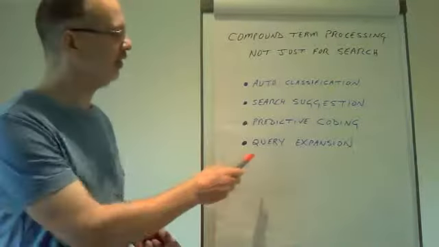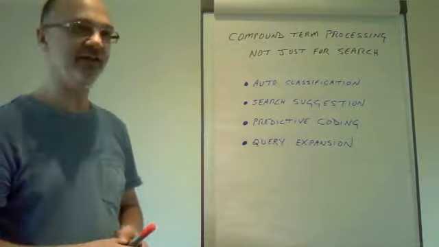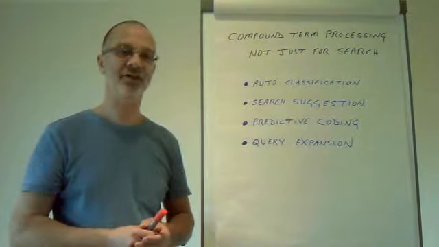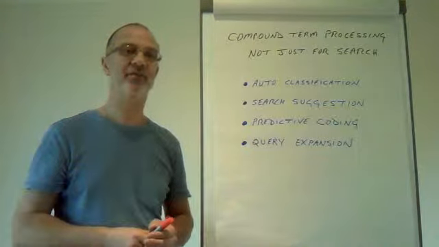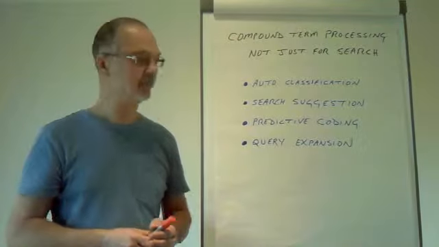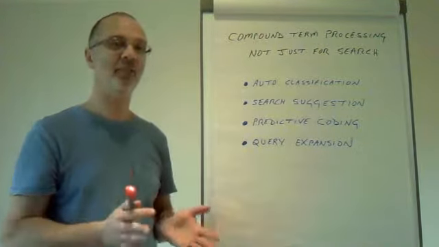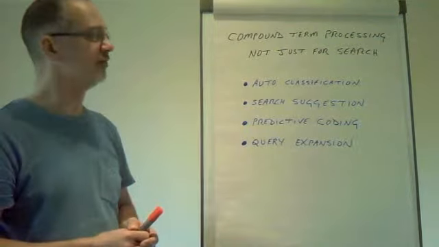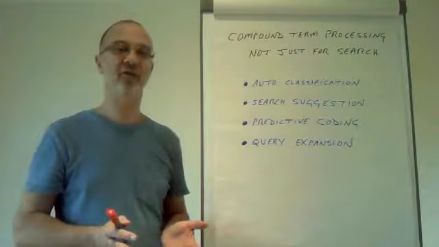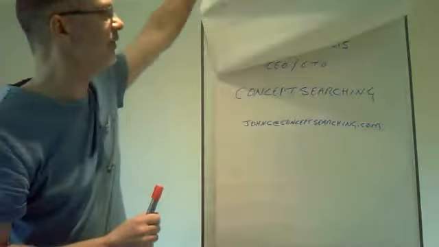But with query expansion, we're able to identify concepts that are related to the query text, automatically include those in the matching process, and then potentially return documents that don't contain words in the original query. That's automated query expansion. And again, compound term processing will do this much more accurately than any approach that's based on single word analysis. That's all I really have time for today.